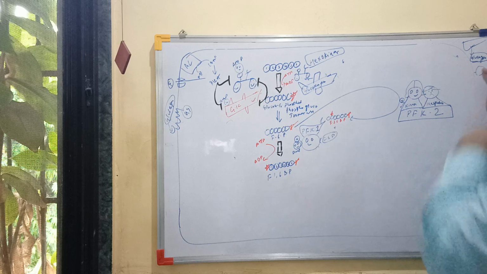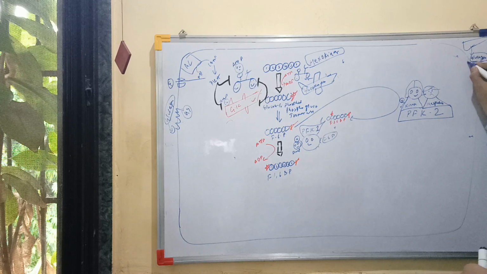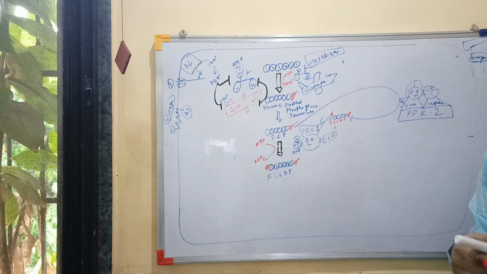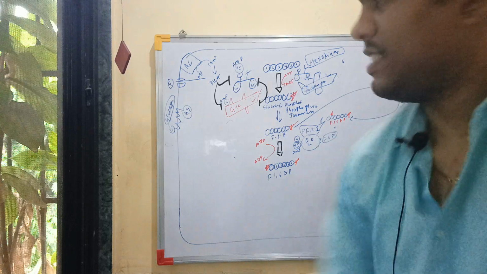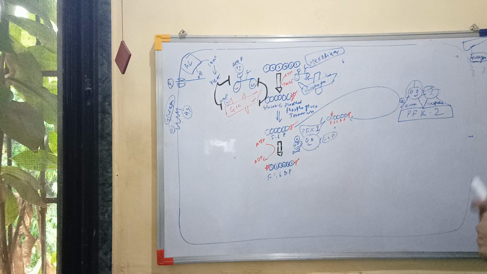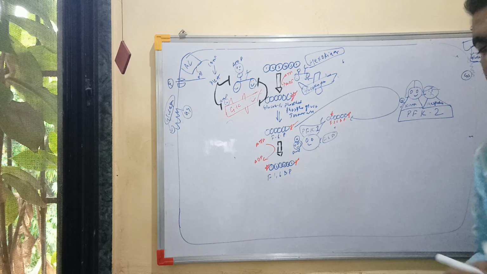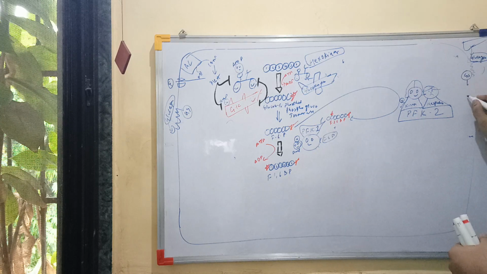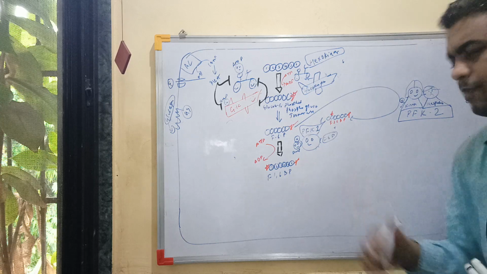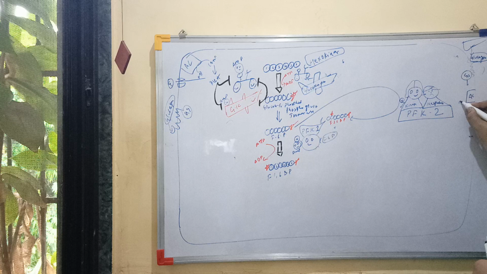Glucagon has a 7-pass receptor. It has Gs. Gs will activate G alpha. G alpha will activate adenyl cyclase. I hope you know this pathway. Adenyl cyclase will convert ATP to cAMP. cAMP will activate PKA. Now this is very interesting.